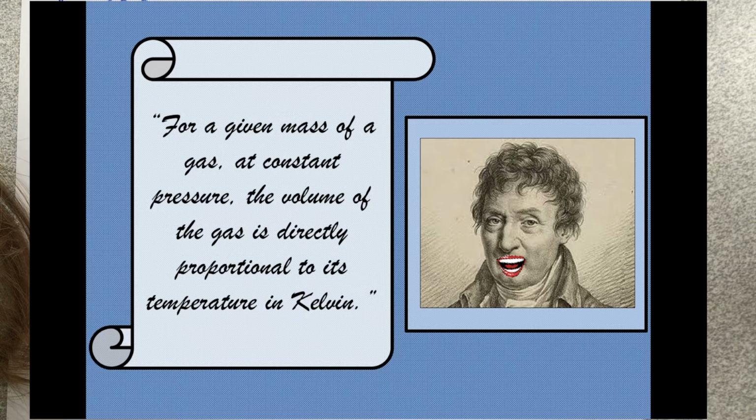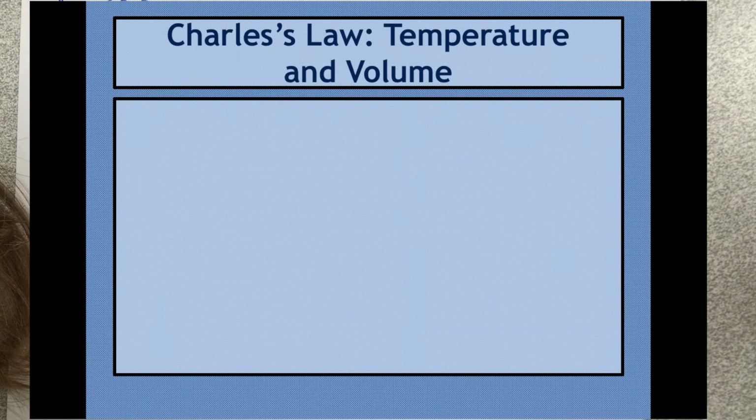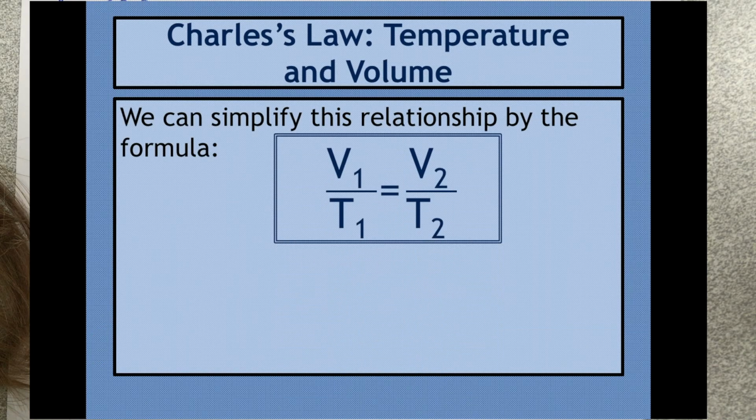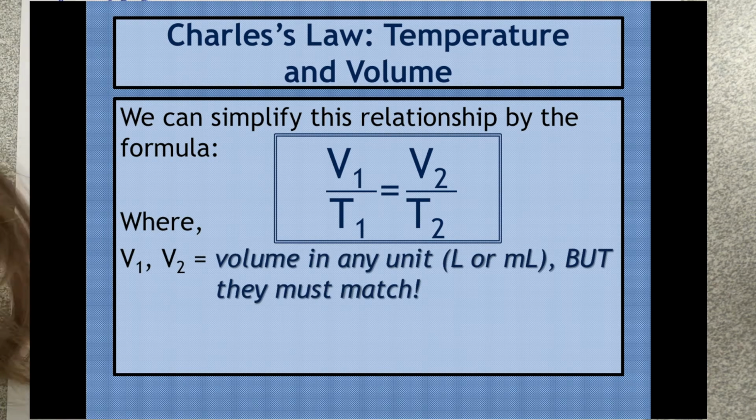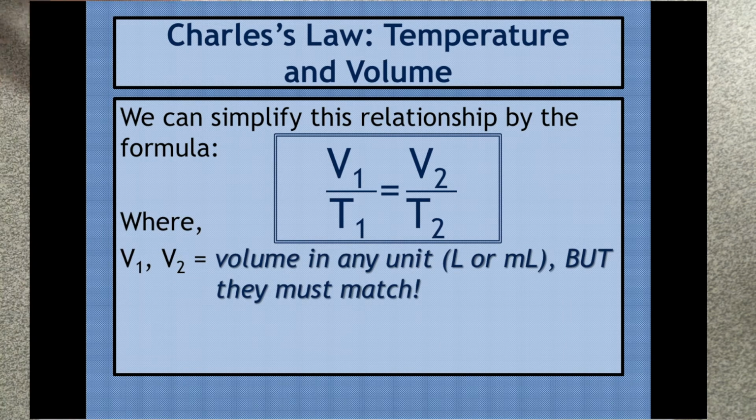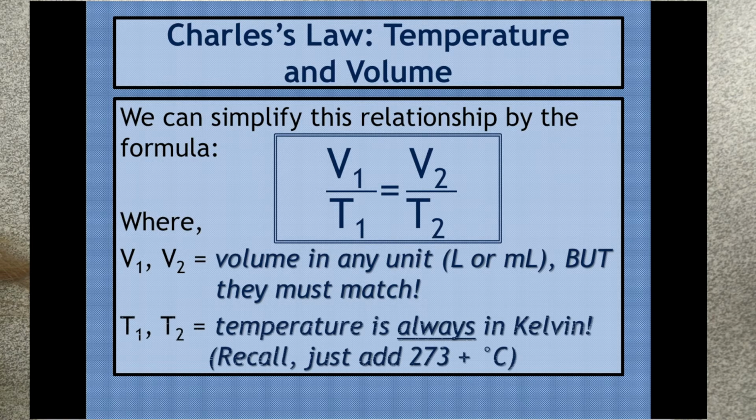So for a given mass of gas at constant pressure, so that means mass is the same, pressure is the same, the volume of the gas is directly proportional to the temperature in Kelvin. His formula is volume 1 divided by temperature 1 equals volume 2 divided by temperature 2. Volume, again, is in a unit, usually liters or milliliters, but they must match. Temperature is always in Kelvin.